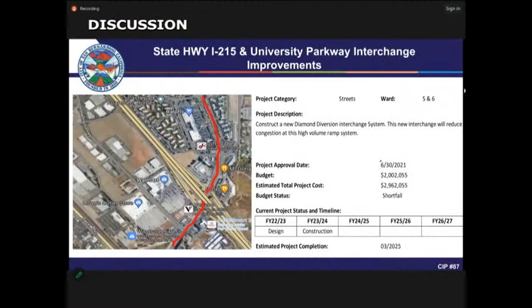So it's like a revolving loan fund that our future development impact fee will be collected to help fund this Measure I, and then we will get proceeds in the coming years. So it's like a self-sustaining funding program. Currently it's in design. The estimated construction completion date is March of 2025.